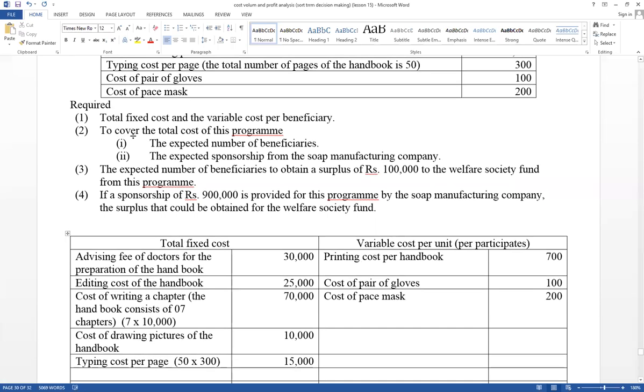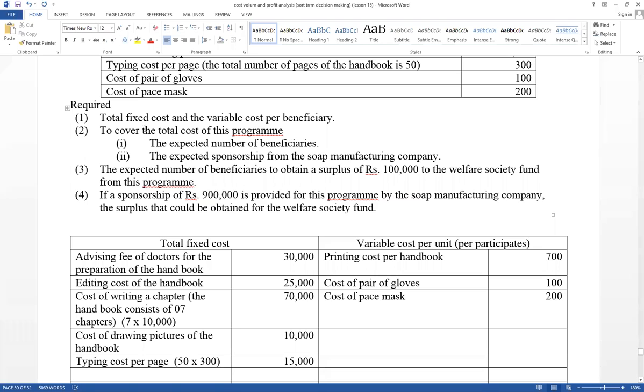And second one, there's to cover the total cost of this program. To cover the total cost means break-even point. There's expected number of beneficiary. That is a break-even point quantity. And expected sponsorship from the soft manufacturing company. That is a break-even point value. The amount they sponsor to cover the total cost.